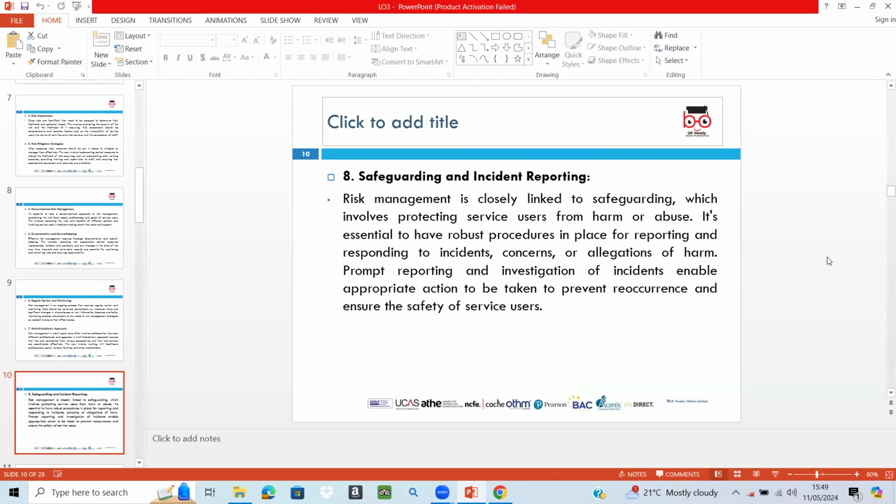By taking timely action and implementing preventive measures, caregivers can mitigate risk and maintain a safe environment for those under their care. So these are all the important aspects of safeguarding and incident reporting.